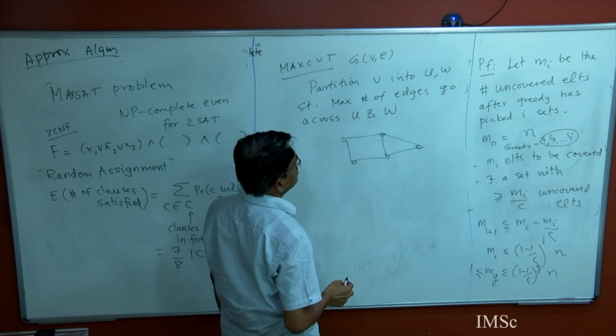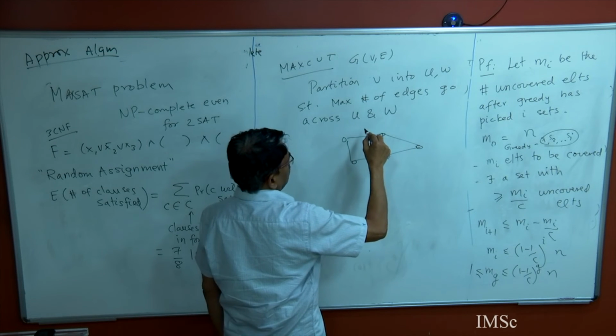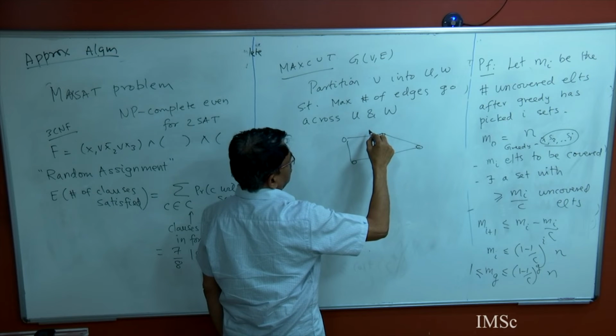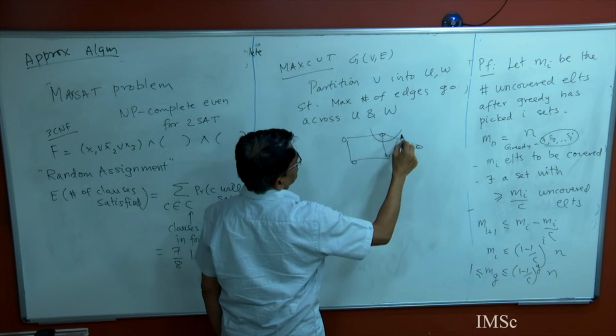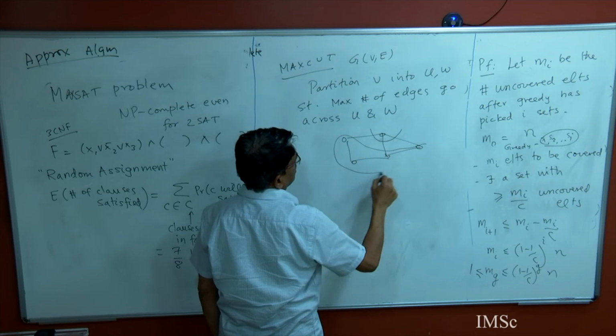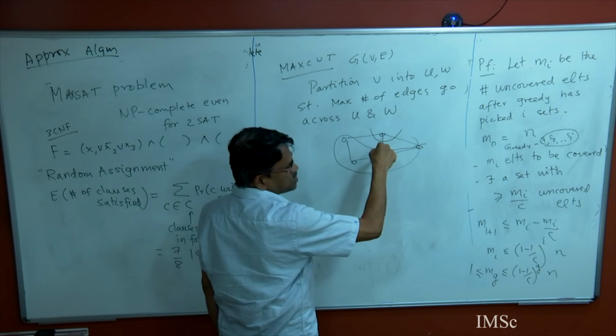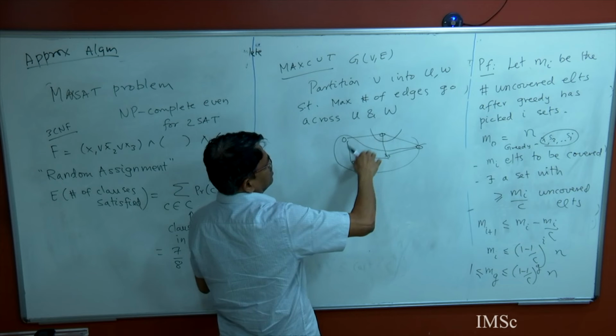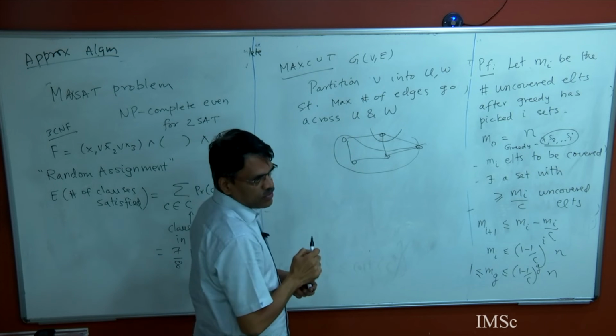Then I want to partition so that maybe I put this in one side and this in the other side, so that 3 edges are going across. I want to maximize the number of edges, so it's the max cut problem.